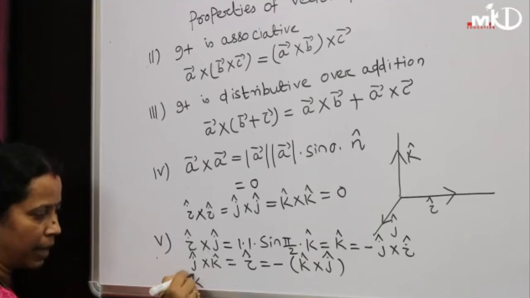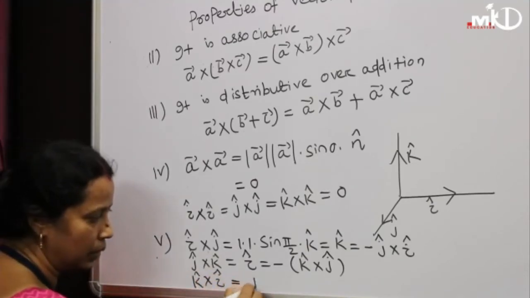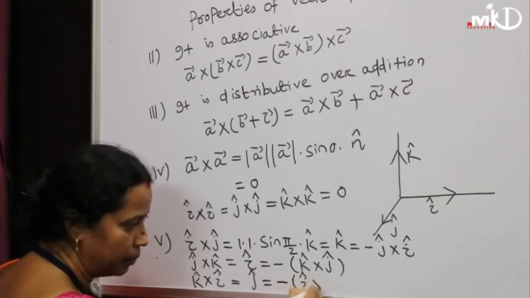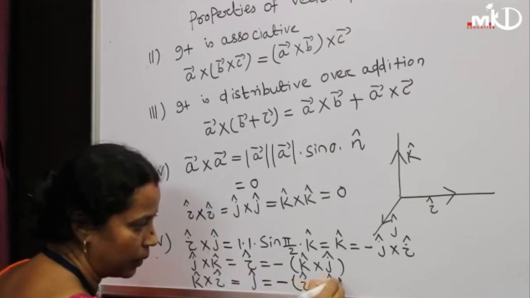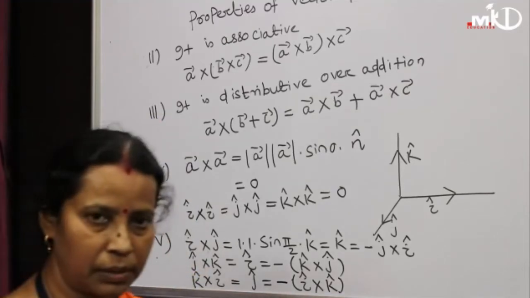And k cap cross i cap is equal to j cap, which is minus i cap cross k cap. So these are the important properties of vector product.